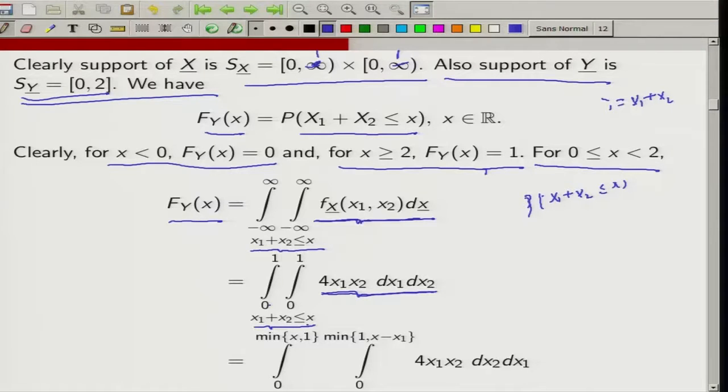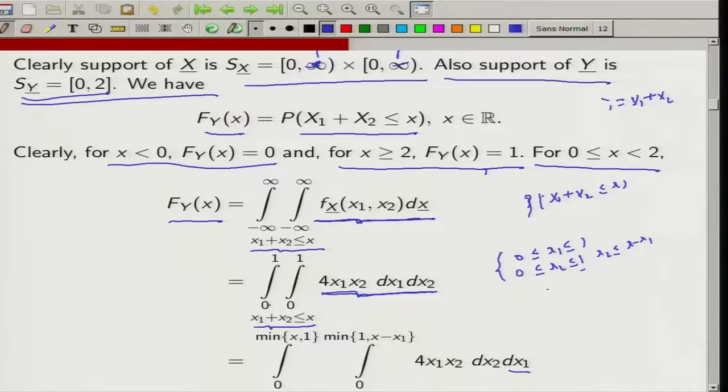So what I do is I first fix x1 as a free variable. X1 as a free variable can go from 0 to 1. Now, for a fixed x1, x2 is between 0 to 1 and x2 is also less than or equal to x minus x1. So x2 is greater than or equal to 0, less than or equal to 1, as well as, for fixed x1, less than or equal to x minus x1.